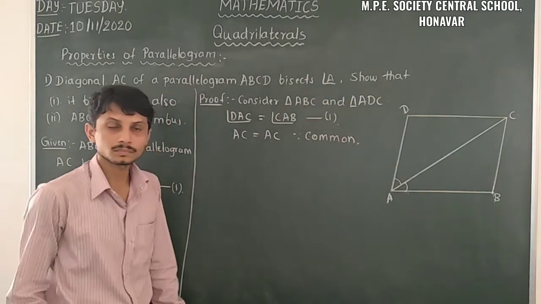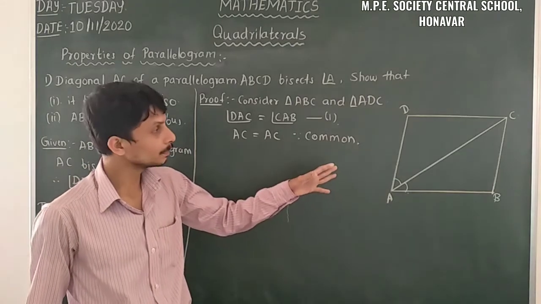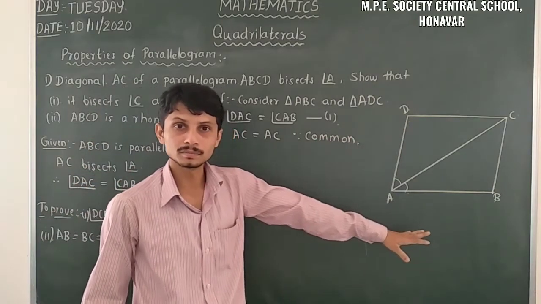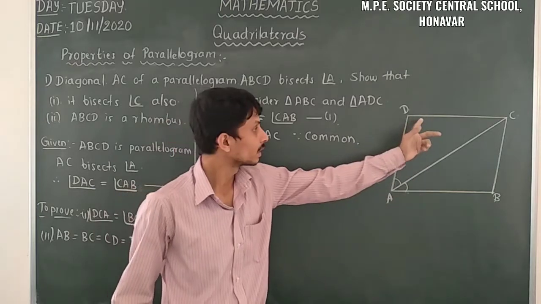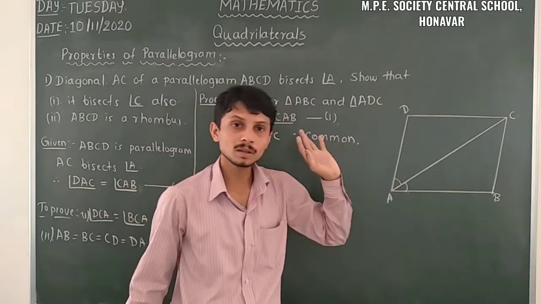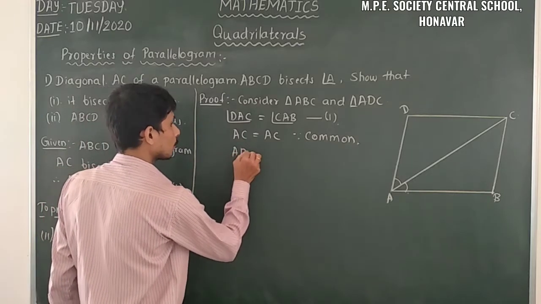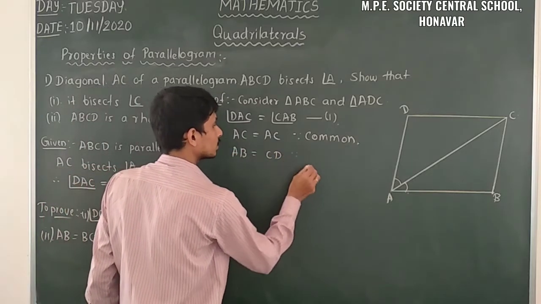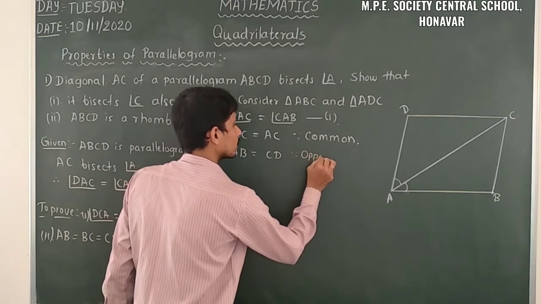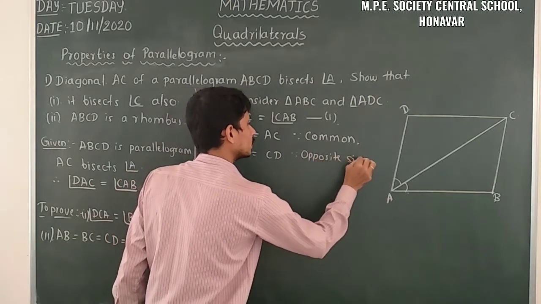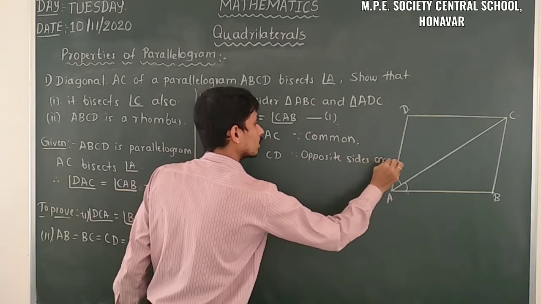Then, since it is a parallelogram, the opposite sides are equal. So AB is equal to CD, because opposite sides are equal.